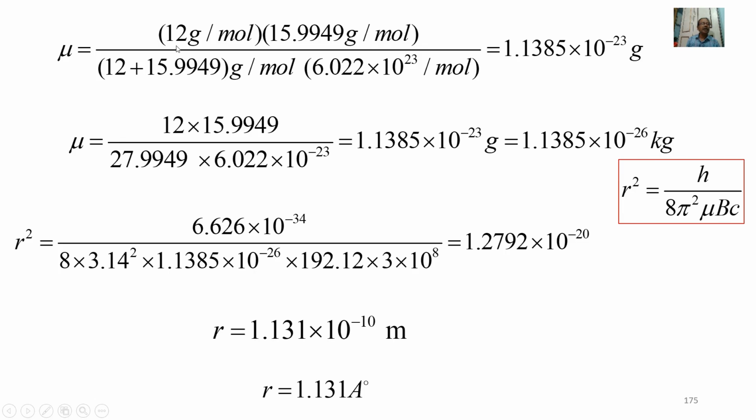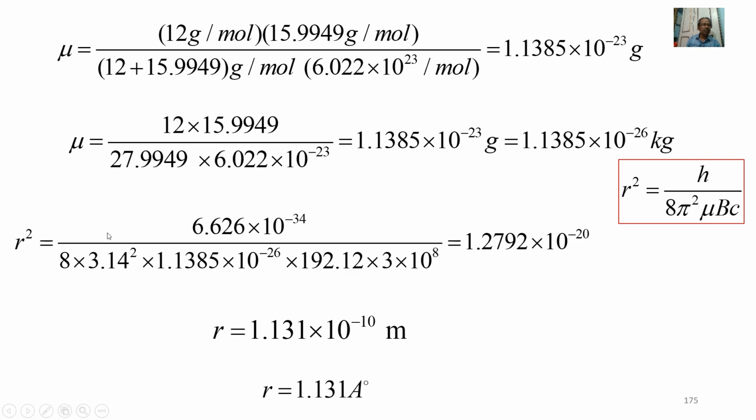And of course, we know that mu equals m1 m2 divided by m1 plus m2, multiplied by Avogadro number. Simplifying that, we will have 1.1385 into 10 power minus 23 grams. Converting this into kg, we have 1.1385 into 10 power minus 26 kg.